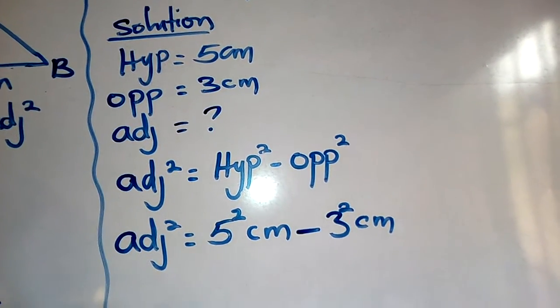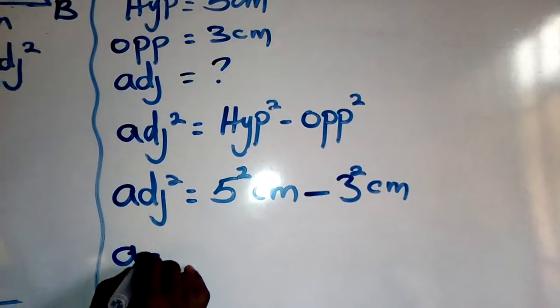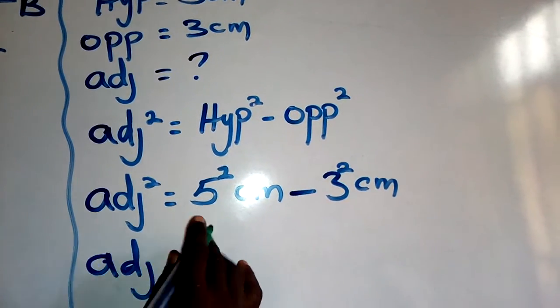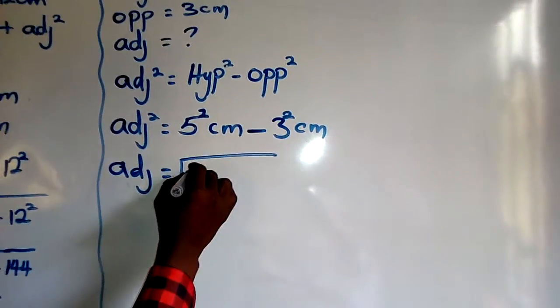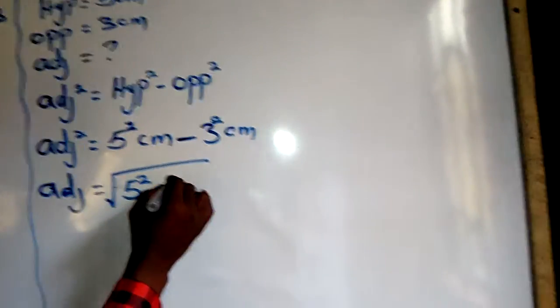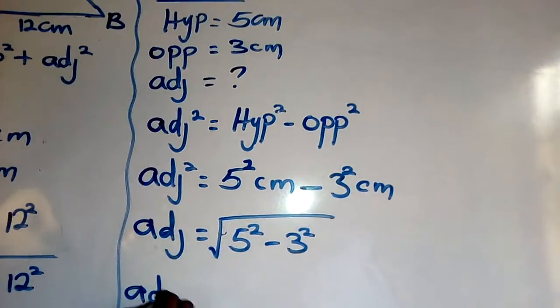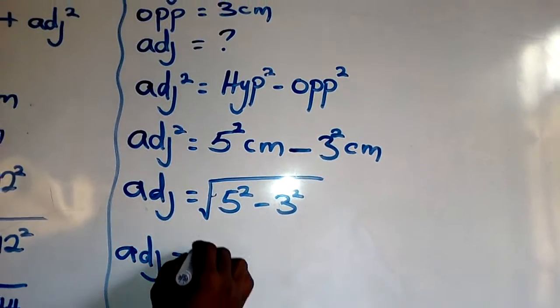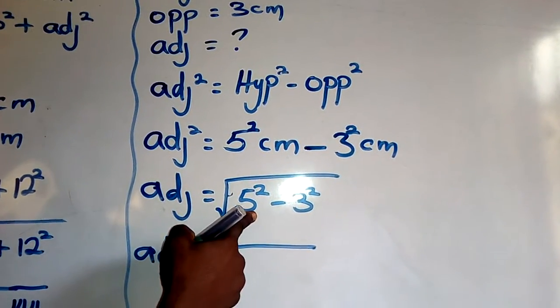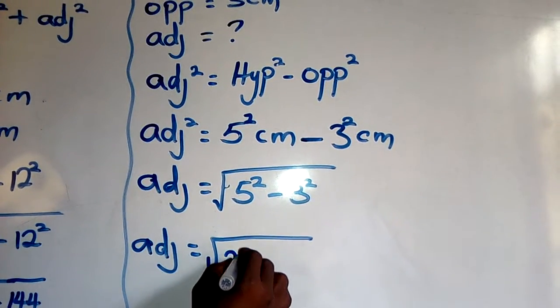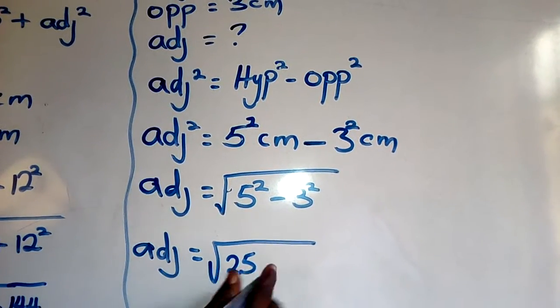Your adjacent will now be the square root of 5 square minus 3 square. 5 square is 5 times 5, which is 25.